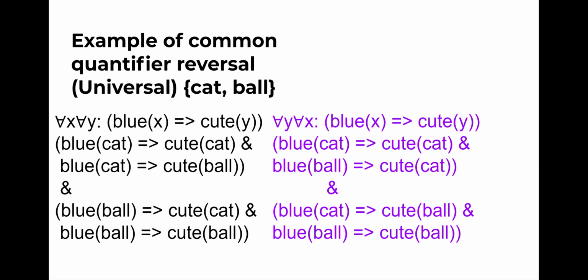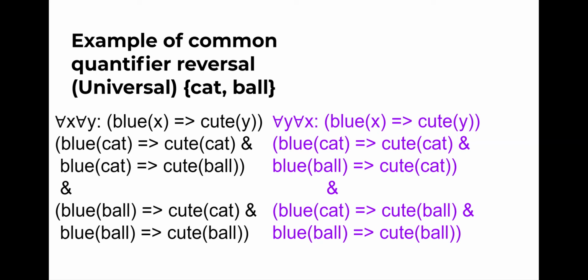And you'll notice that everything's anded together. Part of the intuition is that whether you're on the left side or the right side, the black side or the purple side, every part of the logical sentence, that's every implication in the logical sentence, is glued together using ands. And so the parenthesization doesn't really matter, okay? And that's sort of at one level what common quantifier reversal means.